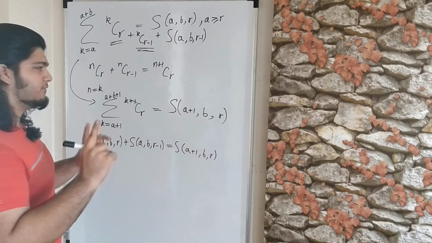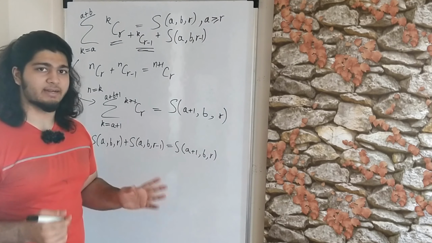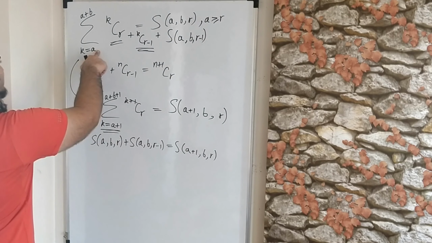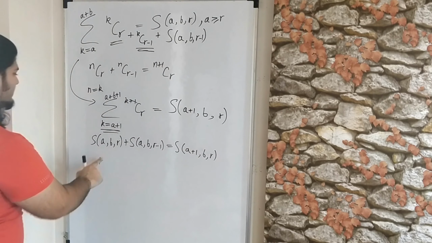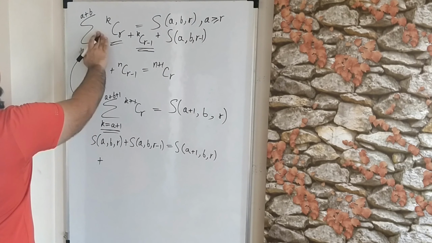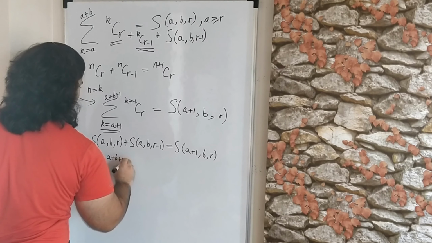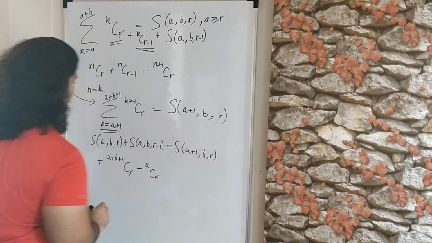But notice that we can actually write this in terms of this by just adding and subtracting a few terms, because this sum is just the same as this sum, except you have added in, so I'll write the terms over here, this plus the a plus b plus 1th term minus the ath term.